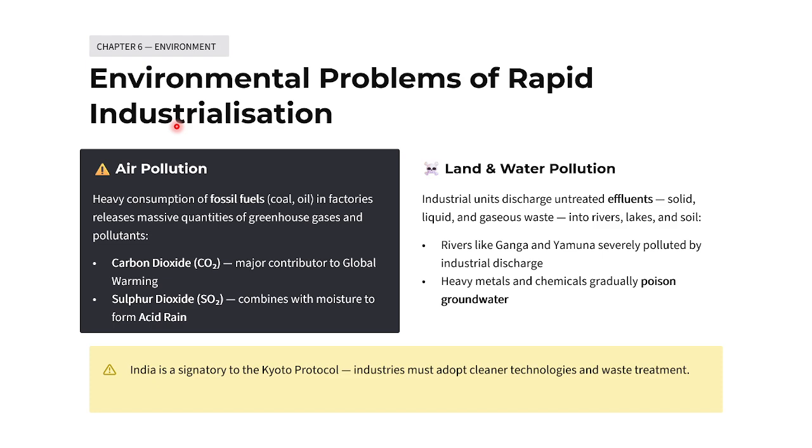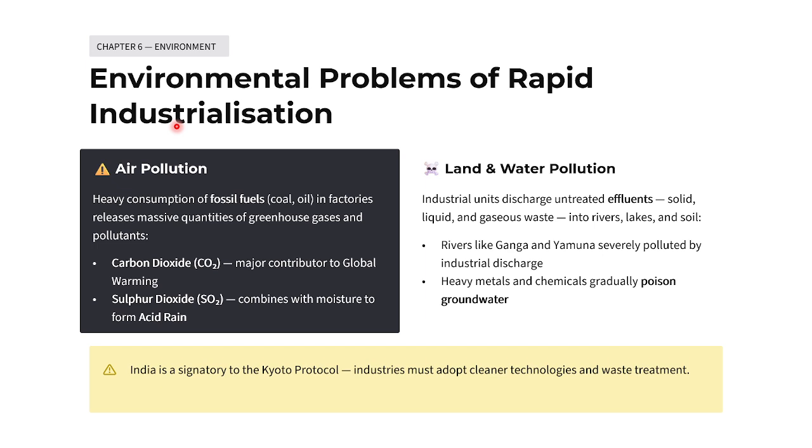What happens through industrialization? Everybody knows there is a pollution problem, and there may be air, water, and land pollution. Heavy consumption of fossil fuels like coal, petroleum, or diesel releases massive quantities of greenhouse gases and pollutants.